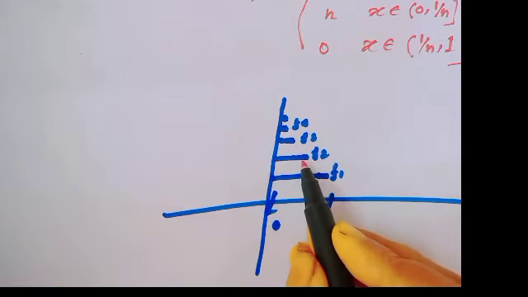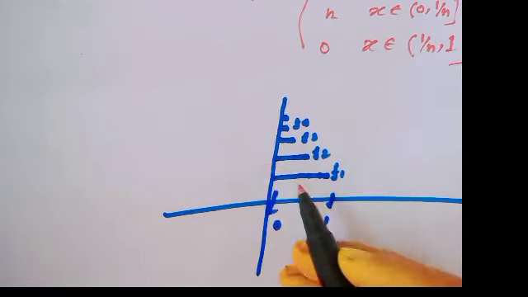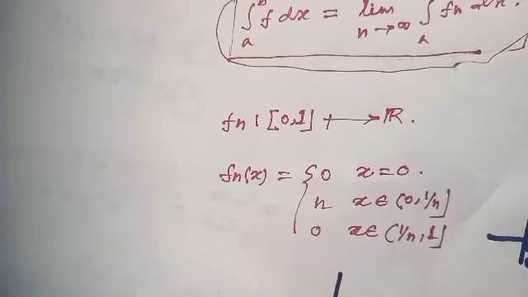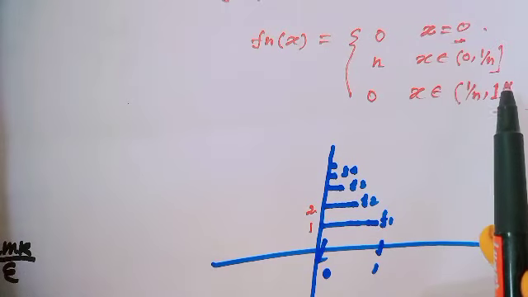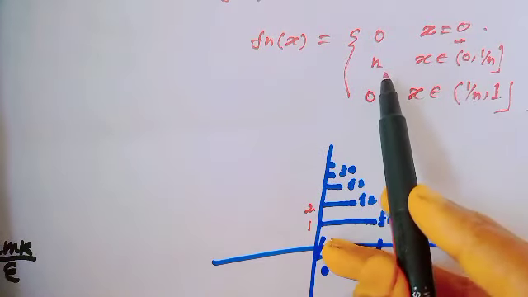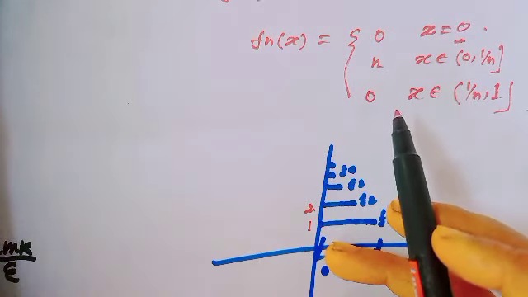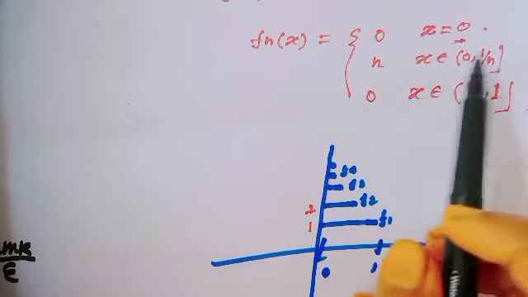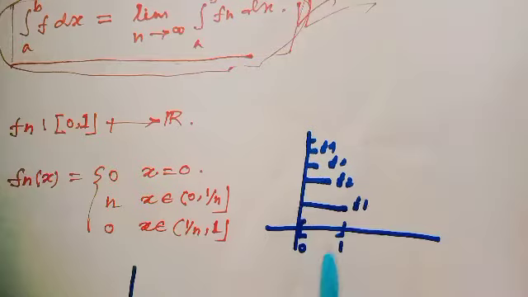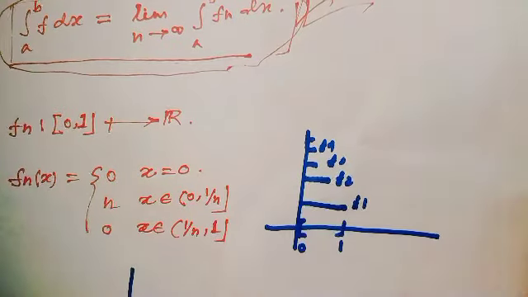That means this would be f2, here 1, here 2. Similarly, f3 would be, when the point lies between 0 to 1/3, the value of the function would be 3, and after that the value would be 0, and at x equals 0 the value would be 0, and this process will continue.